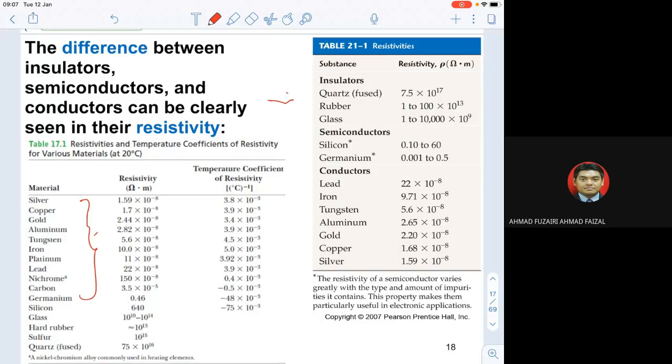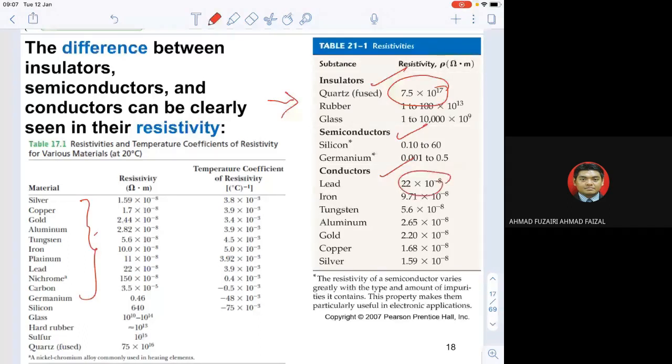On the right table you can see the difference between insulators, semiconductors, and conductors. Mostly, insulators will have a greater resistance compared to conductors and semiconductors.